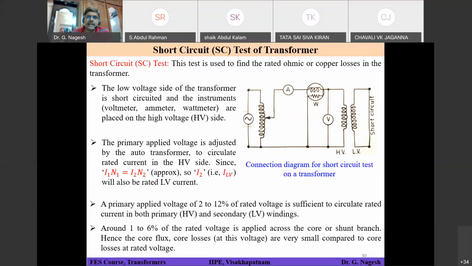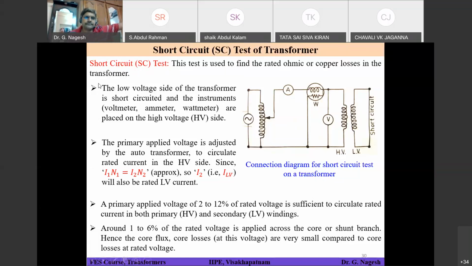That multiplied with the rated current square in that winding will give you the copper losses, which is nothing but I square R losses. So when I say full load copper losses or rated copper losses, that current should be I full load. I full load whole square into equivalent resistance will give you the total copper losses of both the windings.